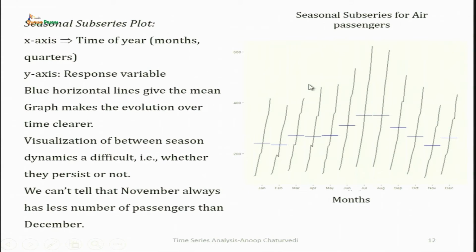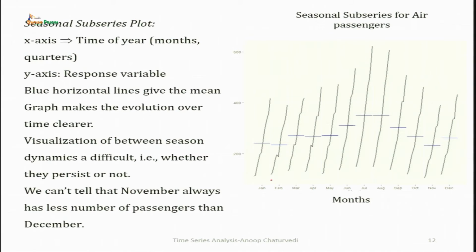Then this blue horizontal line gives the mean graph, and this mean graph makes the evolution over time clearer. This is the mean of observations for the first time series, the time series of January.